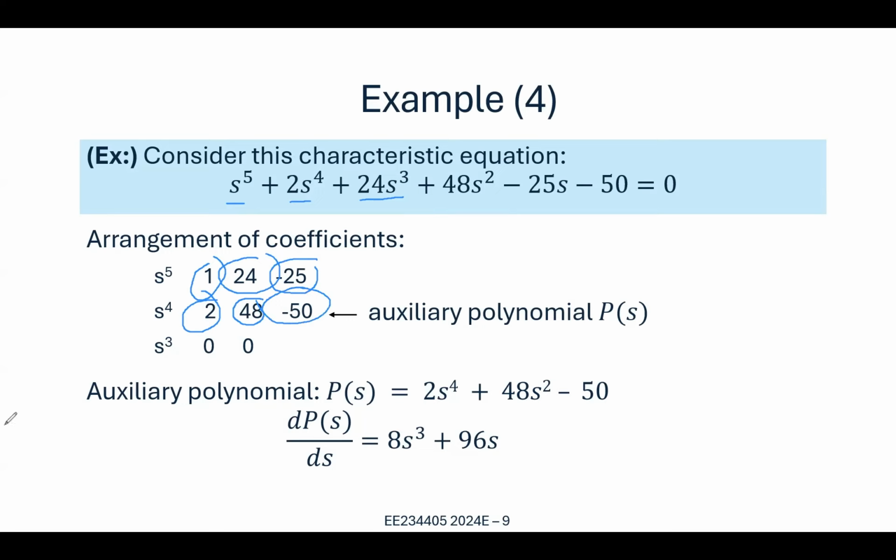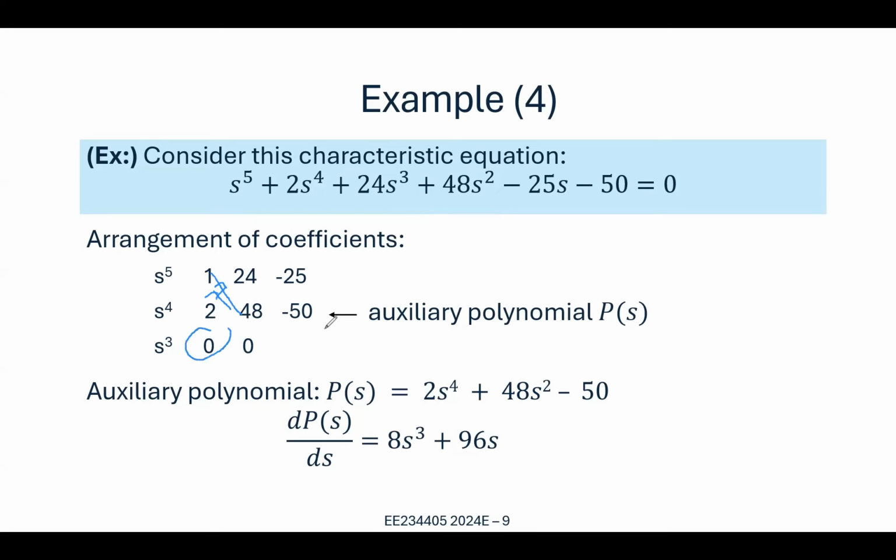If we perform this diagonal multiplication, we end up with 0 here, because we have 24 times 2, which is 48, minus 48 times 1, which is also 48. So this is 0.